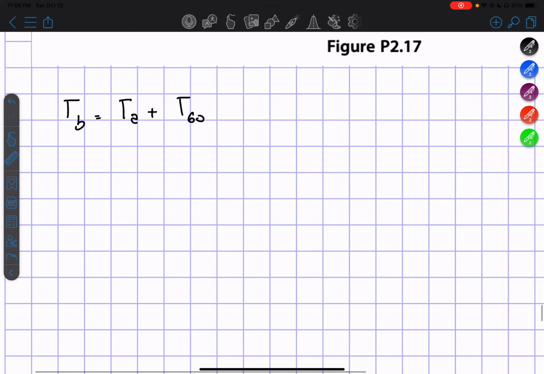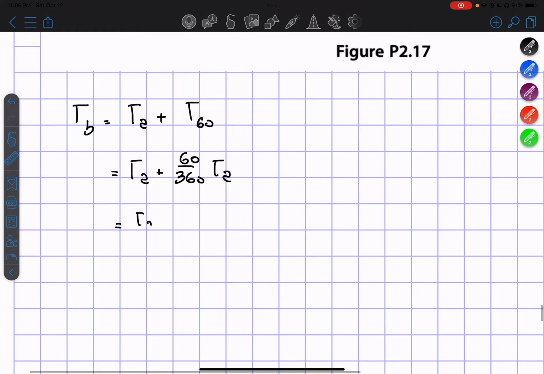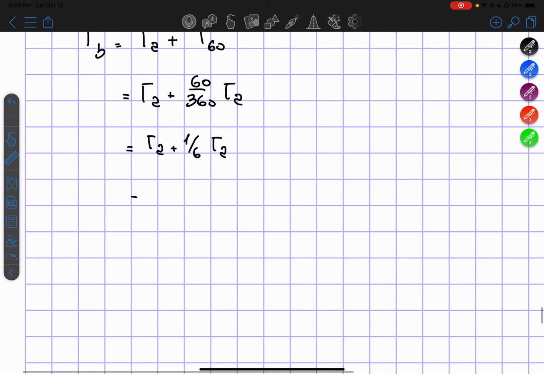So here we have TA plus, as I said, 60 divided by 360 TA, a whole period. It takes 1/6 of a whole period, so we have TA plus 1/6 TA that is equal to 7/6 TA, and this is TB.